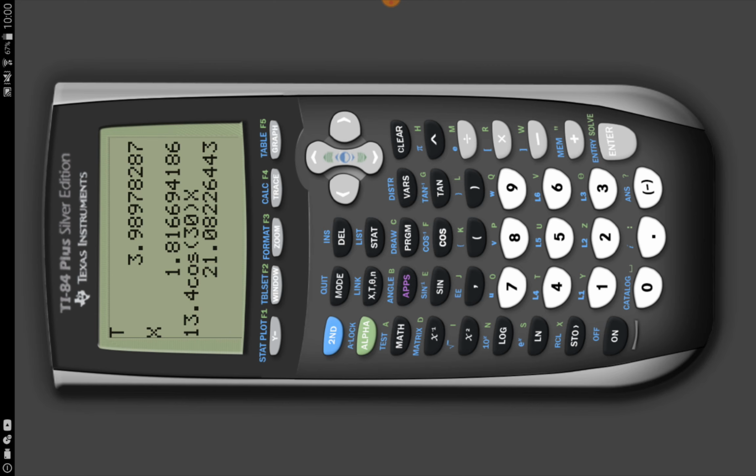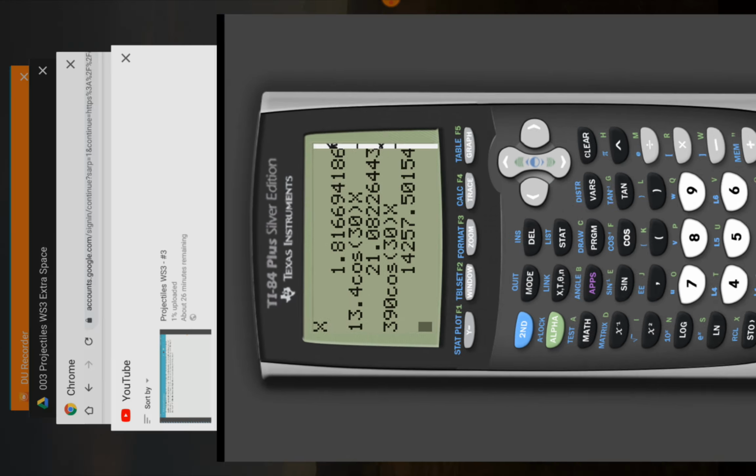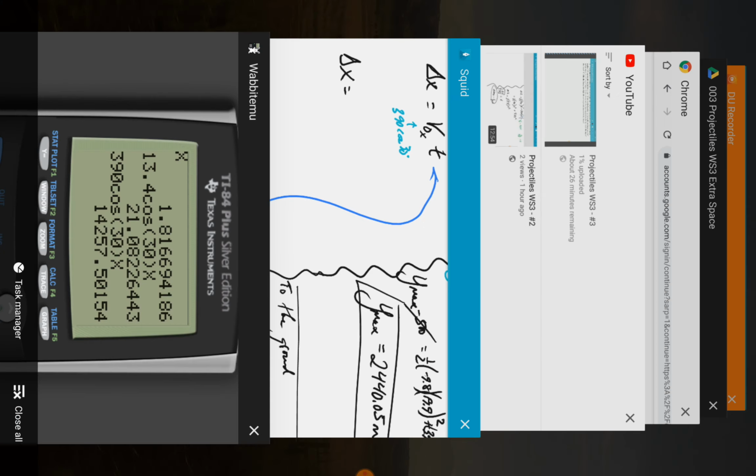So we need to do 390 cosine of 30 degrees and then multiply that by the time value. The time value is already stored in the calculator as x, so I can just put multiplied by x, press enter, and boom, there I go, 14,257 and a half.